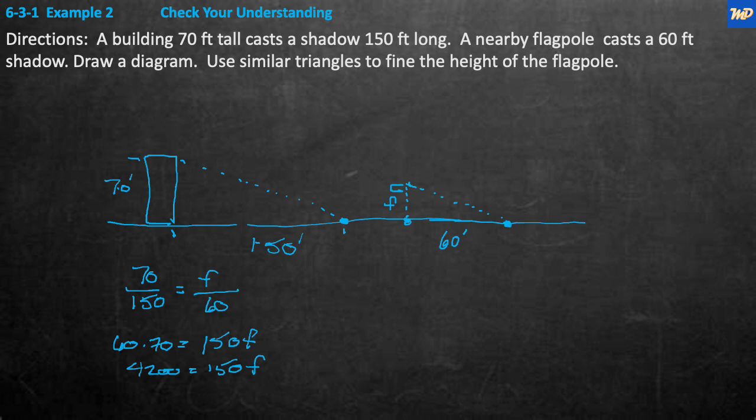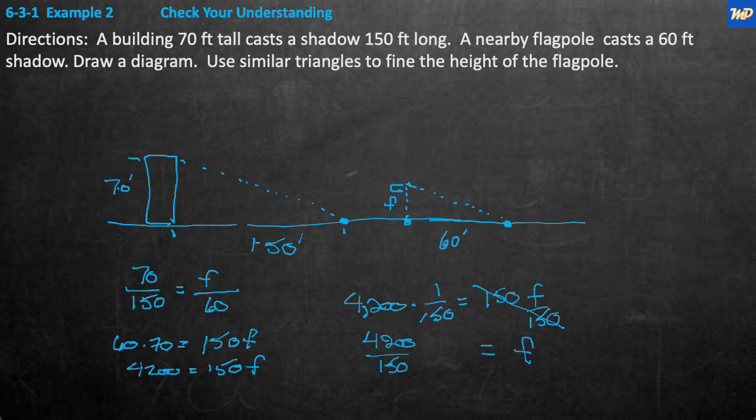So we're going to be dividing by 150 in essence. I'm going to rewrite it over here. I'm going to say 4,200 times the reciprocal of 150, which is 1 over 150, is equal to 150 F over 150. These 150s cancel. We're left with F, and F is equal to 4,200 divided by 150.